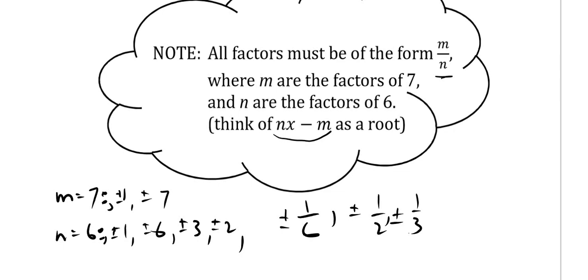And so on and so forth. 7 over 2, 7 over 3, 7 over 6. That would be a list. It'd be a long list and a real pain to do all those. That's why it's unlikely that would happen, but it's possible. I could see maybe trying 1/2 at some point and seeing if that works. Does that make sense? Any questions? That was a lot.